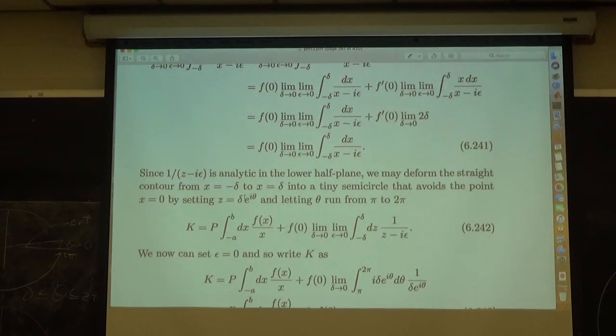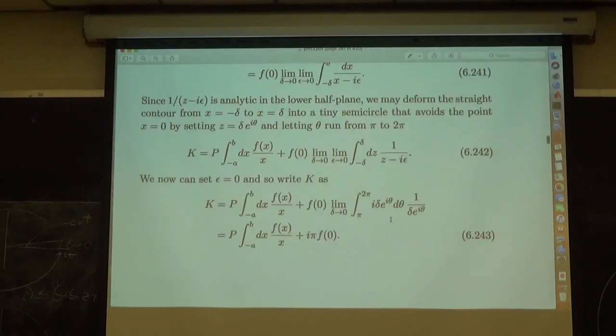So we set z equal to delta e to the i theta, let theta run from pi to 2 pi, and that gives us this expression here. And now we set epsilon equal to 0 and do this integration. So dz is i delta e to the i theta d theta, and 1 over z, since we're on the contour, is 1 over delta e to the i theta.